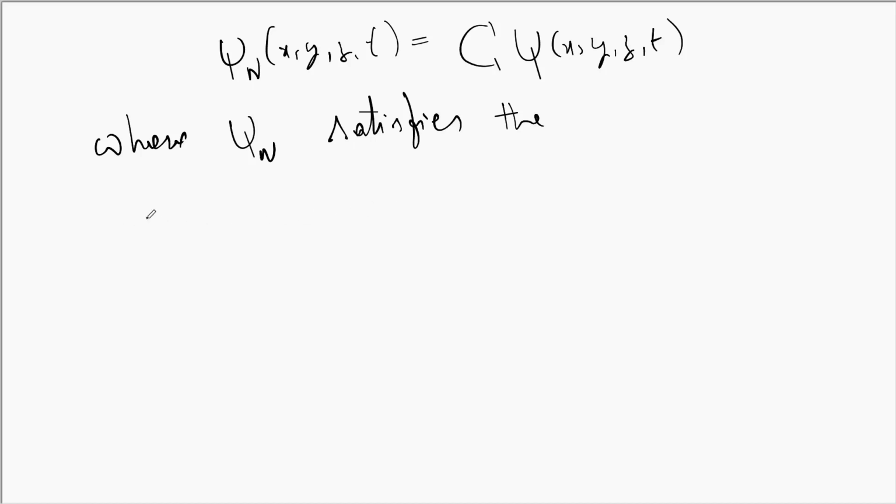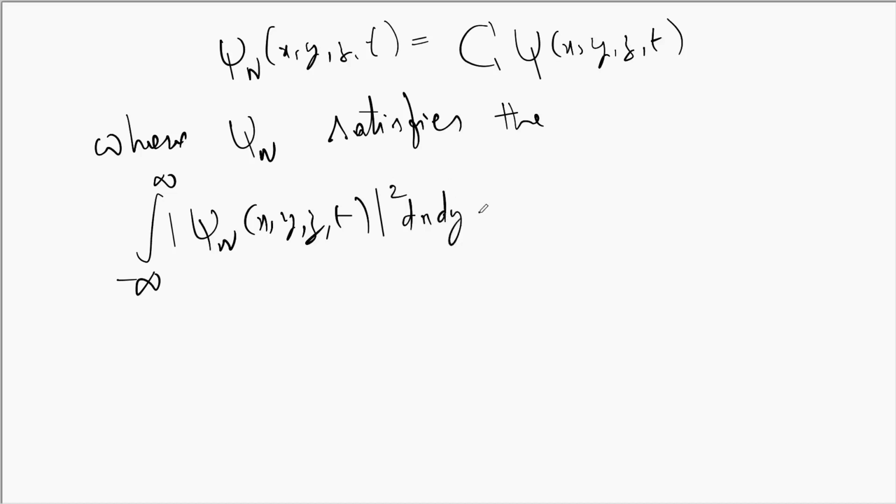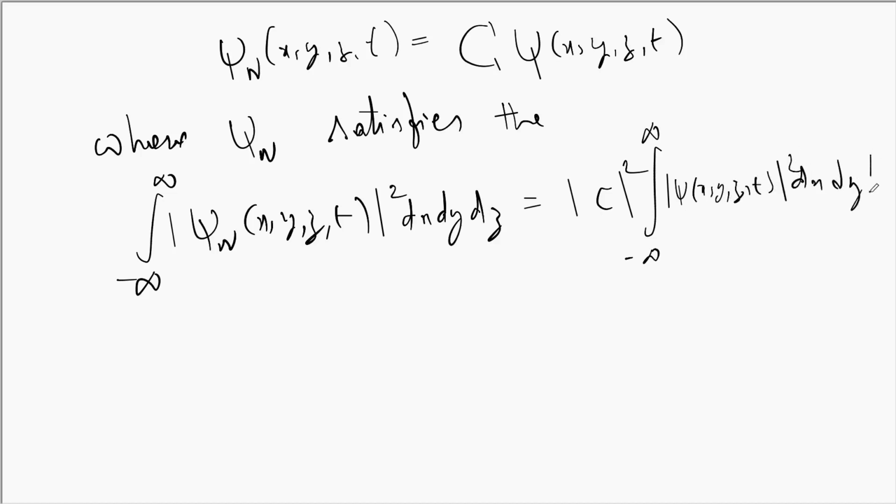The relation is the integral from minus infinity to plus infinity of mod psi n(x, y, z, t) squared dx dy dz is equal to mod c squared times the integral from minus infinity to plus infinity of mod psi(x, y, z, t) squared dx dy dz. And this must be equal to 1. The reason is the particle should be somewhere in the entire space.